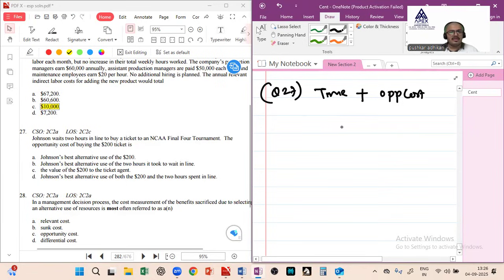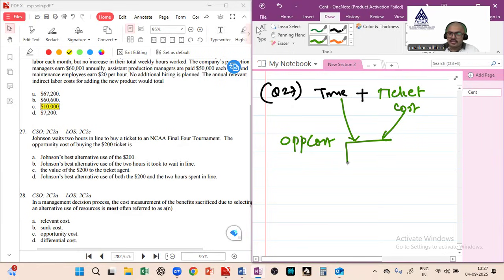Please try to understand, what will he do? The best alternate. They're asking us about opportunity cost. There is this time plus the ticket cost. The opportunity cost is: what can I do additionally with this time, and what could I have done with this?